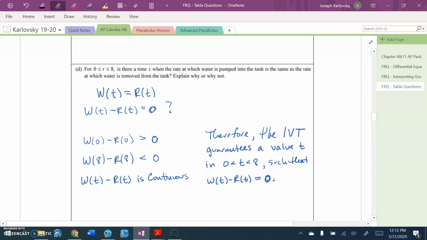And I think that's a good enough explanation to show that, yes, there is a moment where the rates are equal. Maybe you could even throw that extra sentence in there. This moment t is when the rate filling is equal to the rate removed. I'm not sure entirely whether that sentence is also needed, but definitely these three parts, here, here, and here for the IVT, would be necessary.